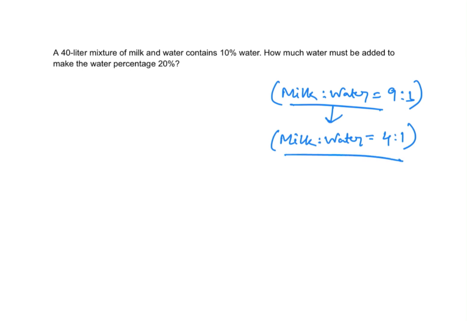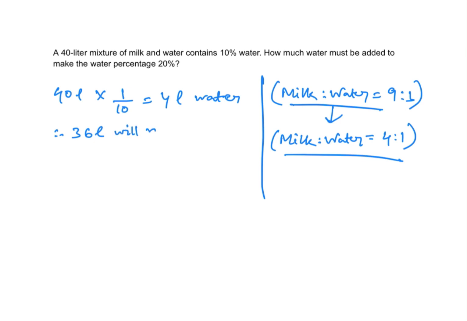Okay, so 40 liters of the mixture is there, among that 10% is water, so it will be 40 into 1 by 10, 4 liters will be water. Therefore 36 liters will be milk.